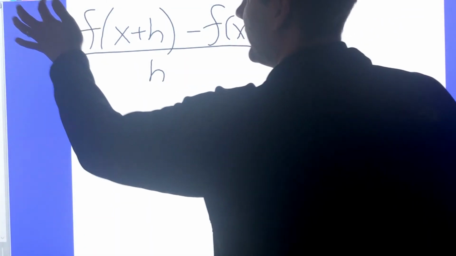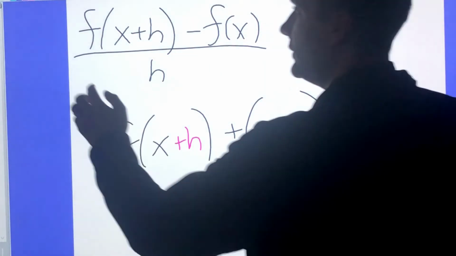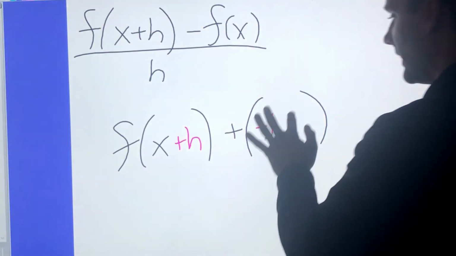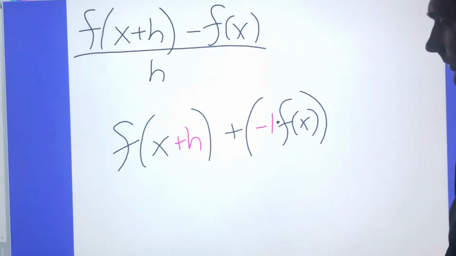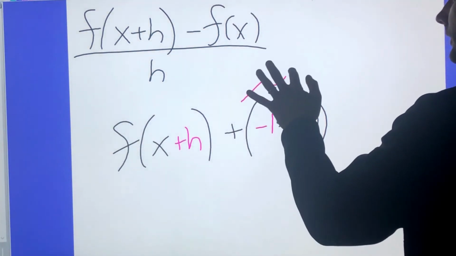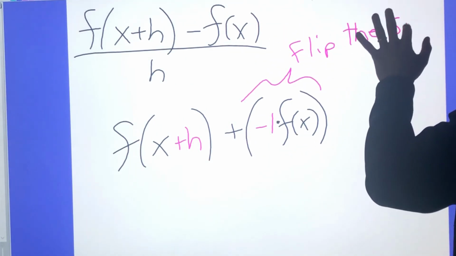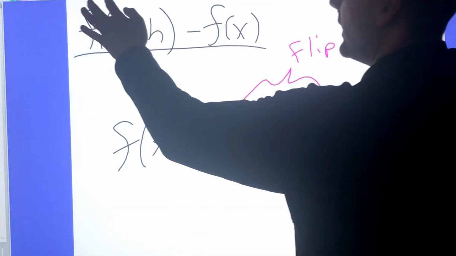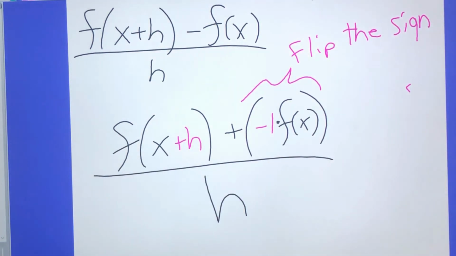I'm going to rewrite this as we're going to add to a function whose values got multiplied by a -1. Like so. And if you multiply something by -1, essentially what you're doing is flipping the signs. And then once I do that, then I'll just divide it by h.